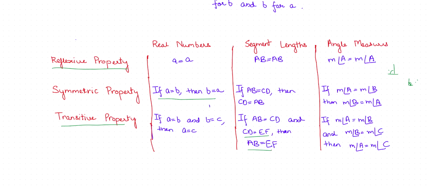And for angle measures, transitive property is like angle A is equal to B, angle B is equal to C, then angle A would be equal to C. So let's do some problems now.